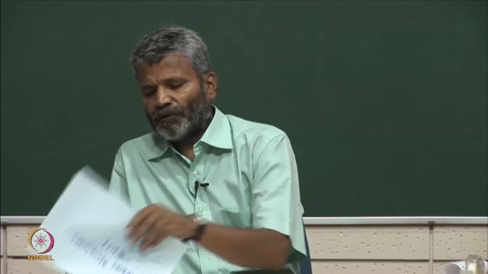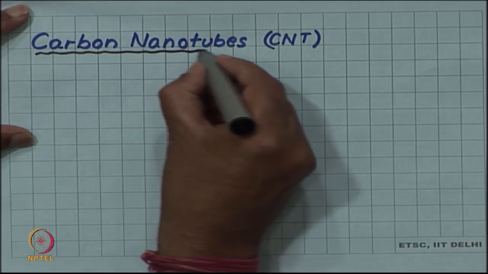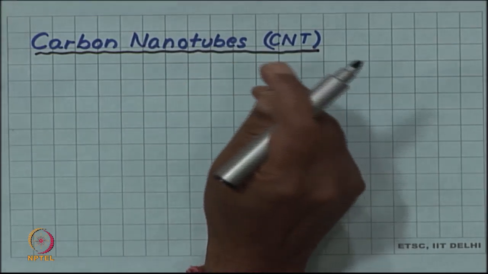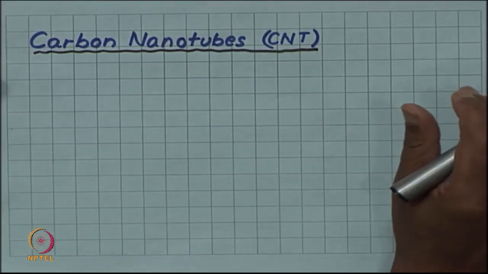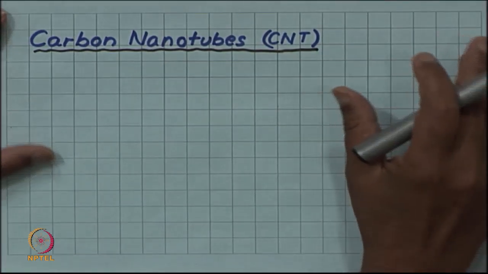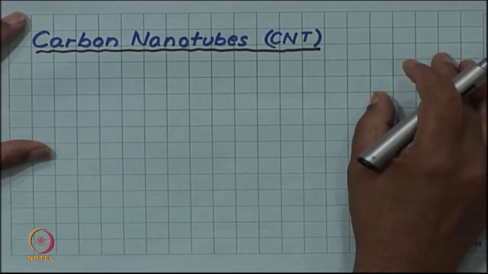So, what is a carbon nanotube? The best and simplest description comes from relating it to the structure of graphene, with which we are already familiar. We have seen that graphene is a single two dimensional hexagonal sheet of carbon atoms, just like one layer of graphite.